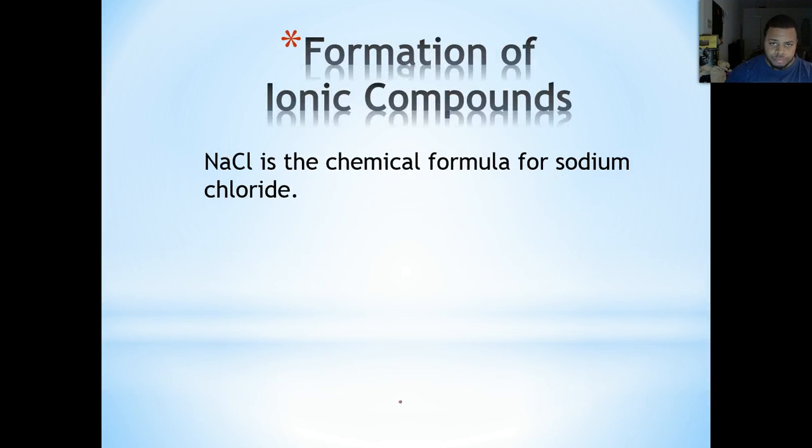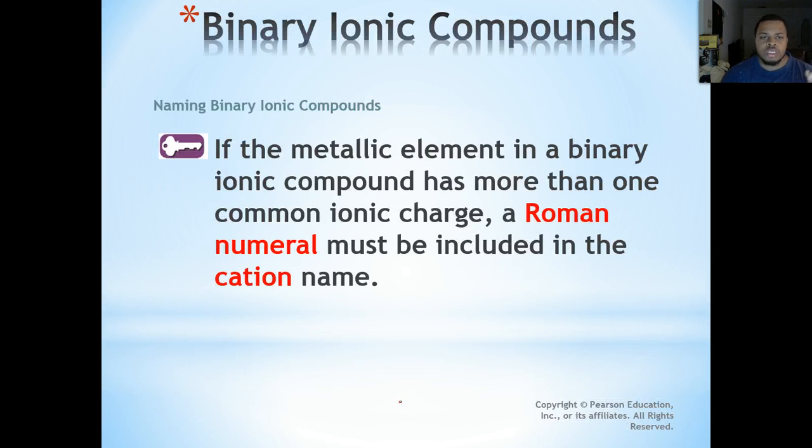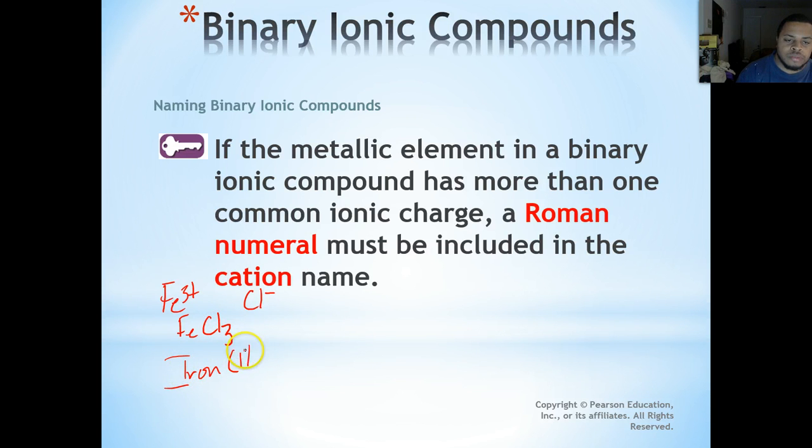So, if I have iron 3 plus, and chlorine, or chloride ion, it's going to form FeCl3, or it's going to be iron 3 chloride.